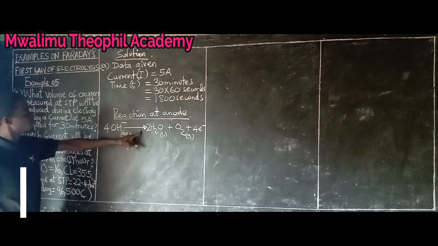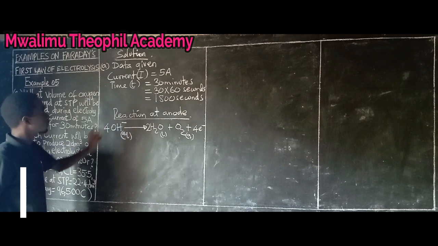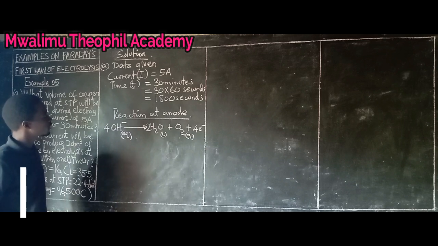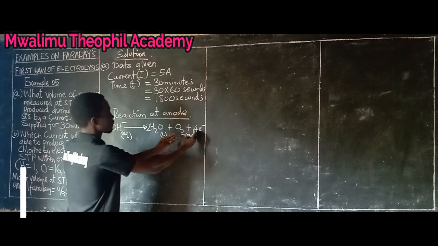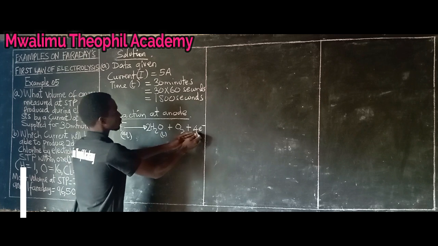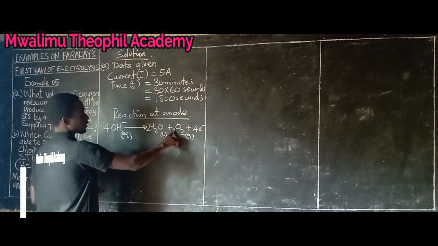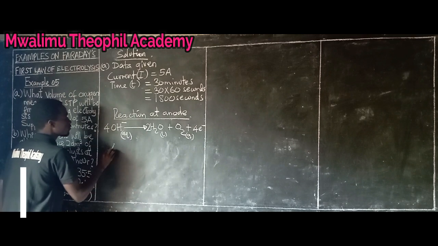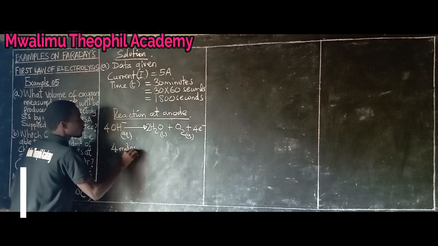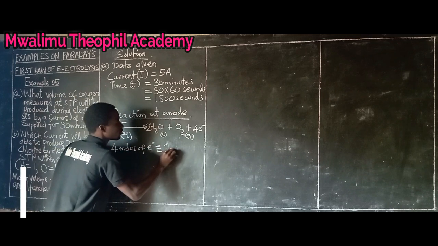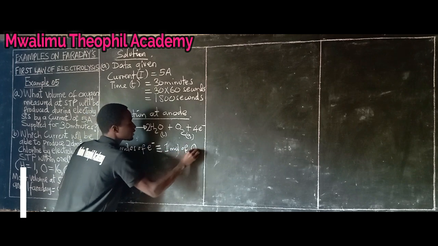From this balanced chemical equation, we can use the mole concept to relate the number of moles of electrons and the oxygen produced. As you can see, we have 4 moles of electrons, equivalent to 1 mole of oxygen gas.